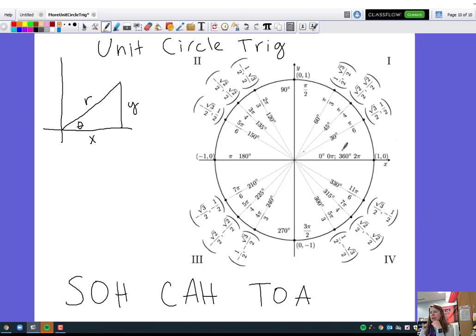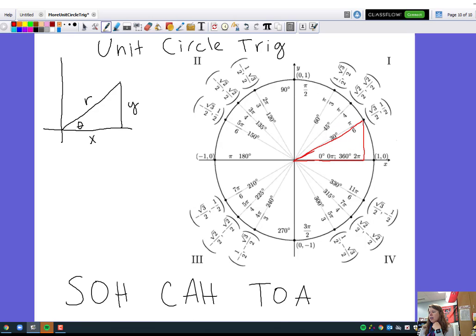Here I have drawn a right triangle, and we can pretend our right triangle is here, because that's how we built the unit circle, using those right triangles.